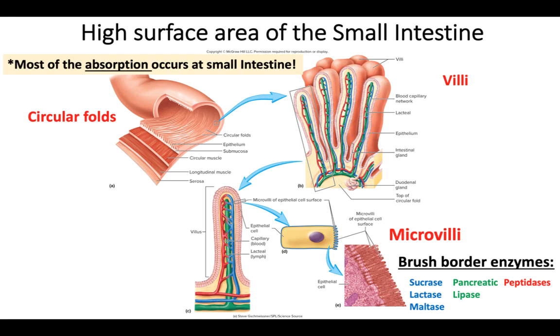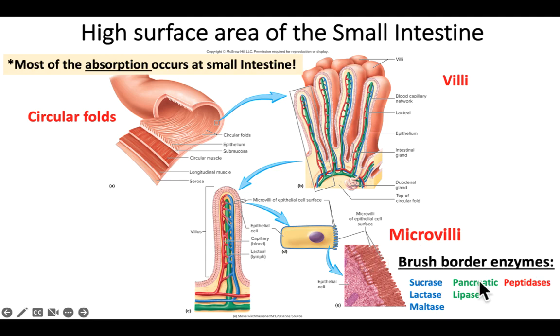Once we finish off the digestion, we're left with monosaccharides and amino acids and smaller lipids, and those will get absorbed into the cells of the small intestine called absorptive cells, and then eventually they get absorbed into either the blood vessels in this villus or that lymphatic capillary called a lacteal.